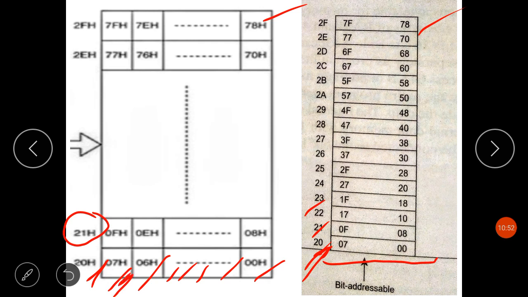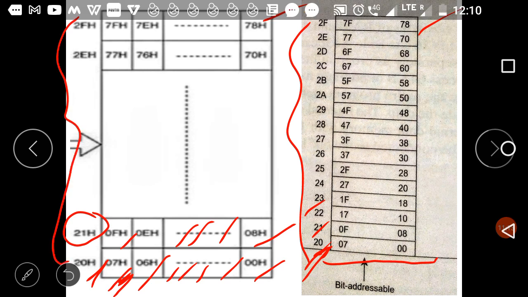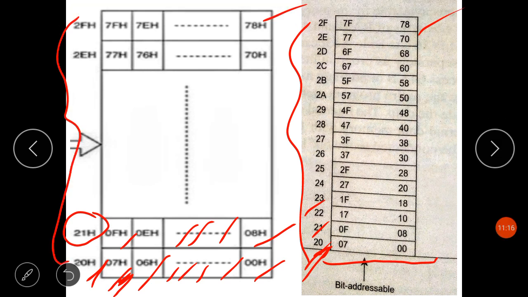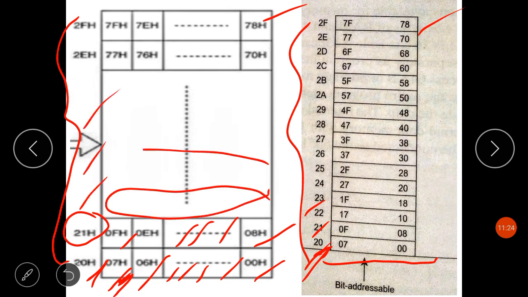Since the last bit of 20H is 07, the address that I assign to the first bit of 21H is 08. So 08, 09, 0AH, 0BH, 0CH, up to 0FH. In this way, every address has 8 bits, and every bit is assigned an address.